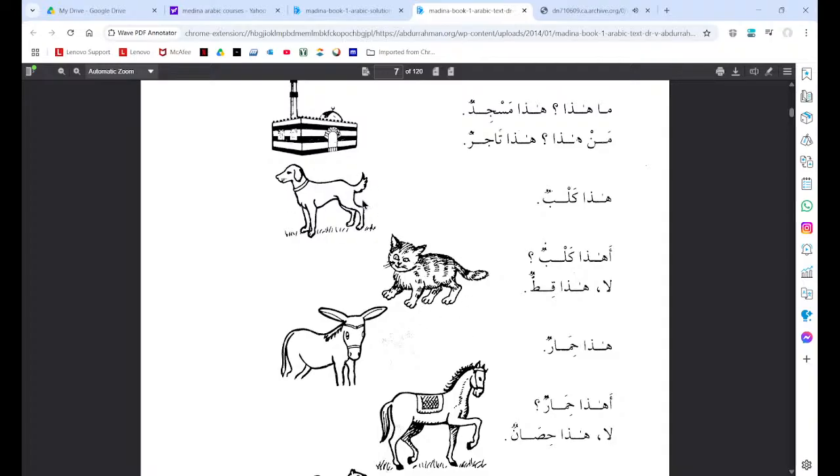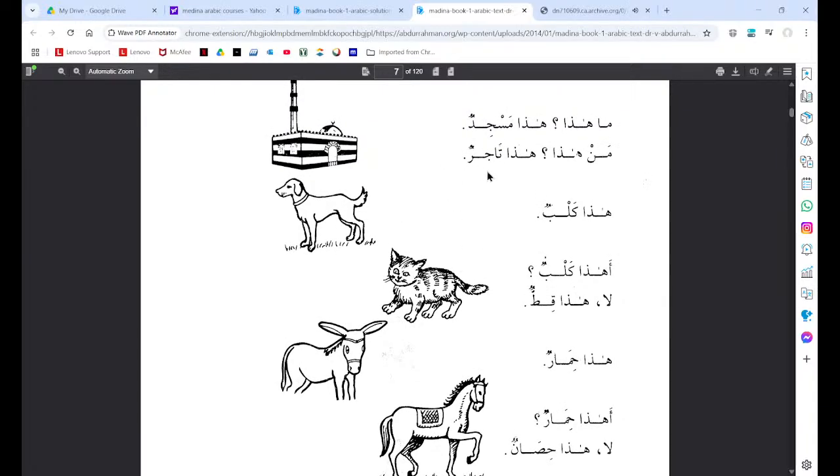So when we talk about things and inanimate objects, this would include animals. We cannot say men hada asking about an animal. We would continue to use ma hada. Hada masjidun.